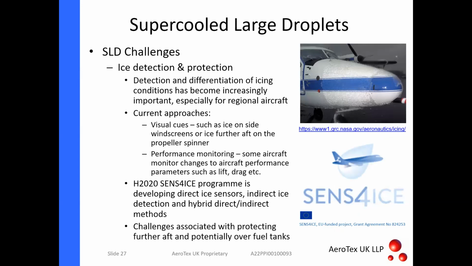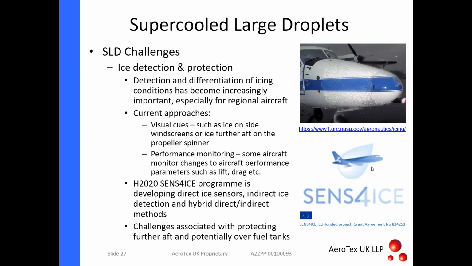On the detection and protection side, the figure in the top right shows the ice on the front of an aircraft. Typically, in Appendix C, you would have got ice very close to the nose of the aircraft only. This bit of ice is shed, but this appears much further aft. So the current approach for most aircraft is visual cues.